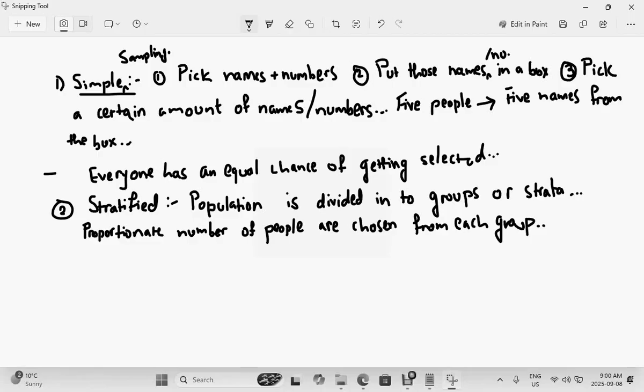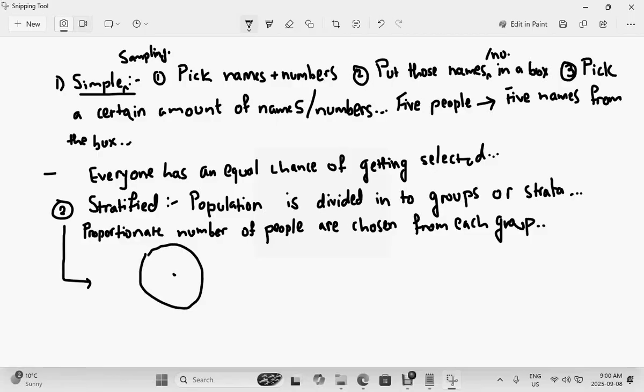So let's say you take 60% from group A and 40% from group B, or 50% from group A and 50% from group B. This would make 100% for your sample. This is called stratified sampling.